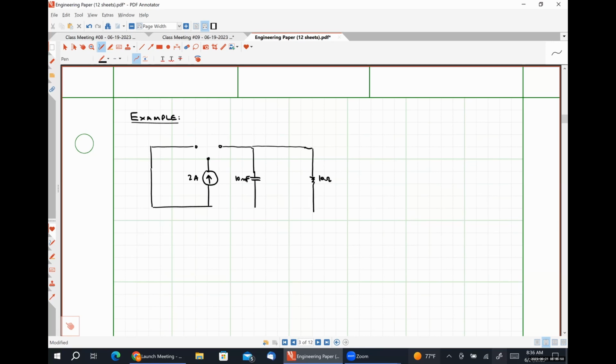Here's a 10 ohm resistor. Here is a 4 Henry inductor. And let me define some things here. So this is going to be V of t, which once again will be the voltage drop across my capacitor. This is my capacitor current, IC of t, and this is my inductor current, IL of t.